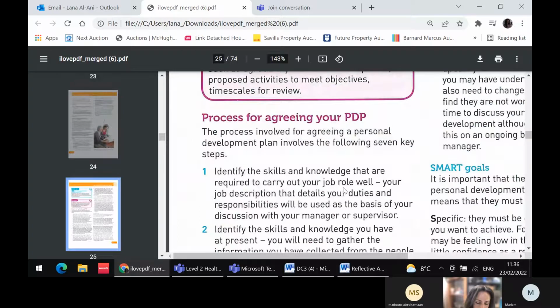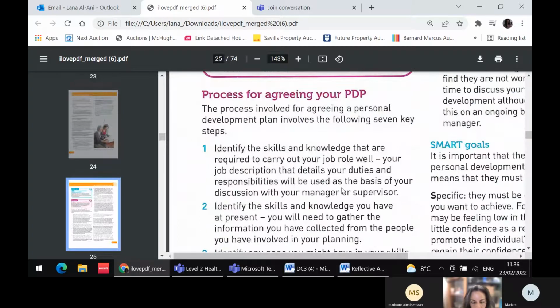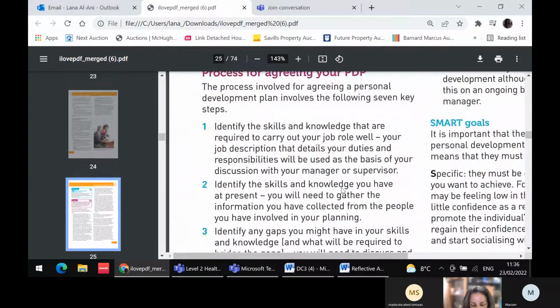Personal development plan. First of all, you need to identify the skills and knowledge that you require to carry out your role, and whether you have this basic knowledge and experience to carry out your duties and responsibilities on a daily basis. Second thing, you need to identify what skills and knowledge you have at present.